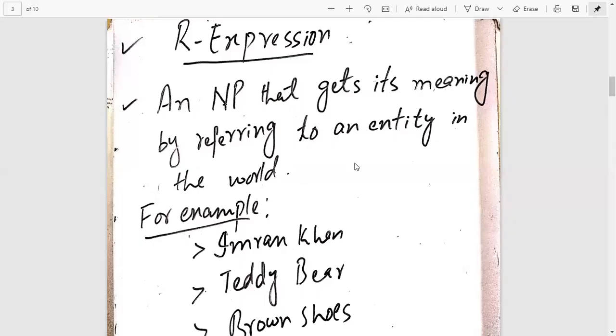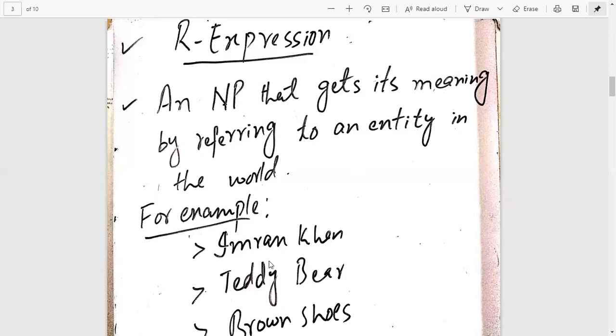There are three terms which will be used incessantly in this binding theory. The first one is R-expression. So what are R-expressions? An NP, or a noun phrase, that gets its meaning by referring to an entity in the world. So an R-expression is such an NP which gets its meaning by referring the noun to an entity in the external world.